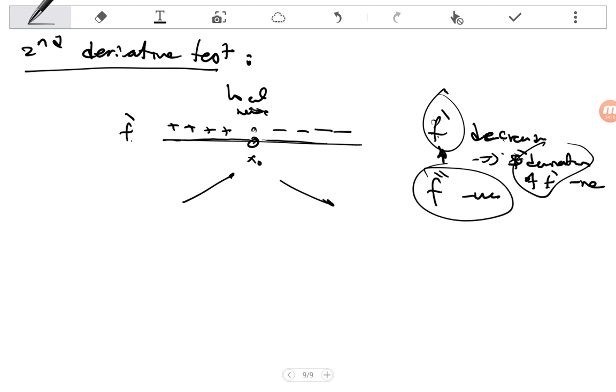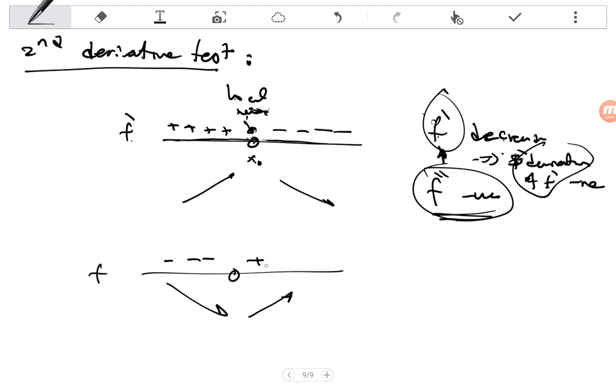So another way to check if it is a local maximum or local minimum: if the second derivative at that point is negative, I would know that it is a local maximum. And the opposite occurs for the local minimum.